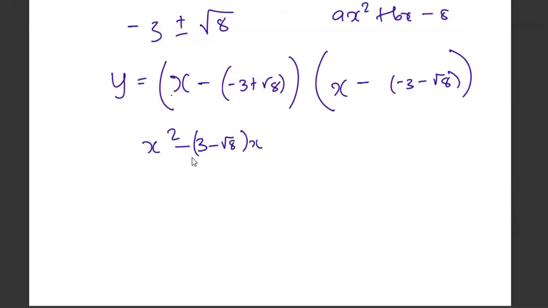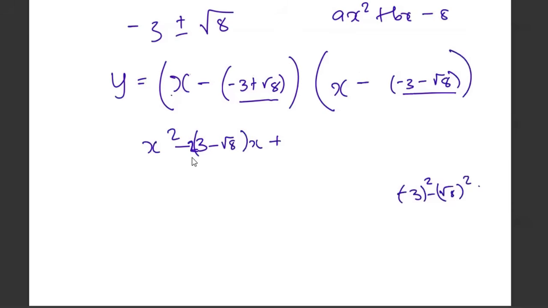This and that is going to be a negative. So which means I'll just say 2x because it's the same bracket, okay? And then plus, when I multiply this bracket and this bracket, it's like a difference of 2 squares, okay? Meaning that it's a negative 3 squared minus root 8 squared.